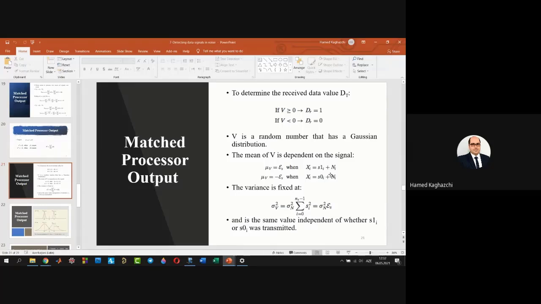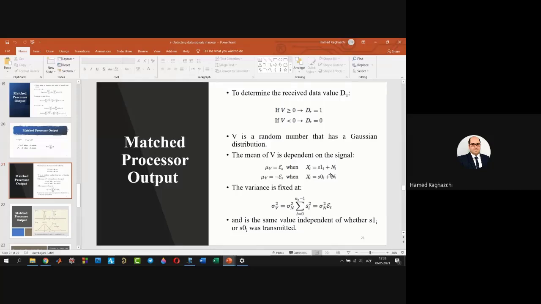Now, I said that the V signal is a random signal. And because the noise is in the form of Gaussian distribution, my V, my random signal V, or in other words, the shape of the V is also in the form of Gaussian distribution.